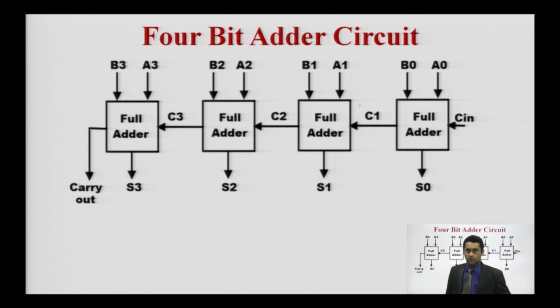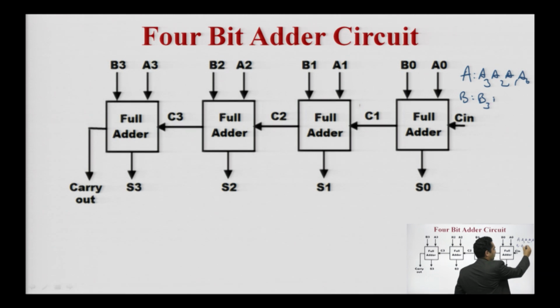In this case, we are seeing here these full adders are basically taking the bits from both the inputs A and B. If a number A is derived using the 4 bits A3, A2, A1 and A0, LSB to MSB, similarly, the B is represented using these 4 bits.